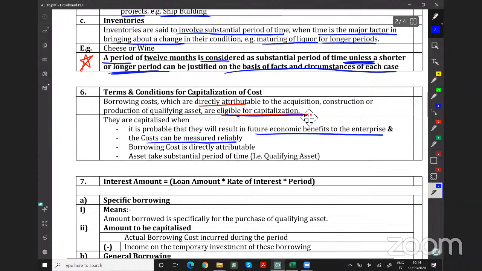First thing, future economic benefit; cost is measurable; directly attributable; asset takes a substantial period of time. If all four terms and conditions are satisfied, then the cost should be capitalized. First, future economic benefit is received. Second, cost can be measured reliably. Third, the cost is directly related to that asset only. And the last thing is the asset has taken a substantial period of time.